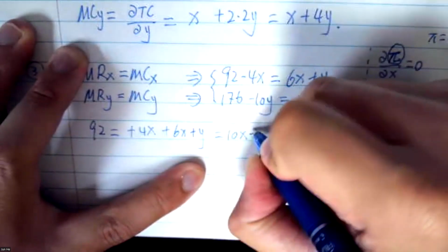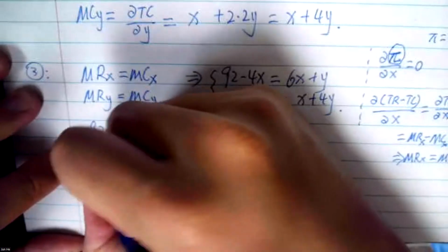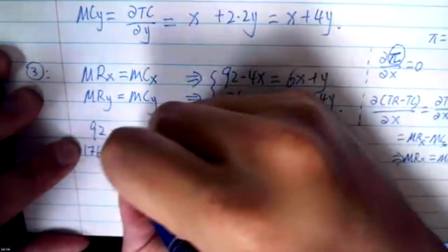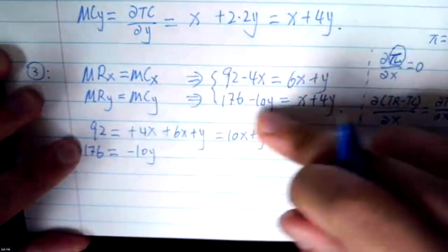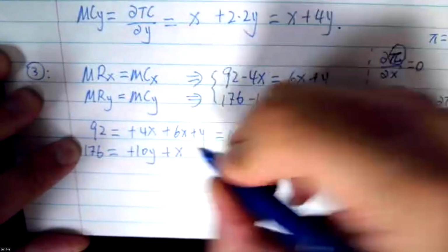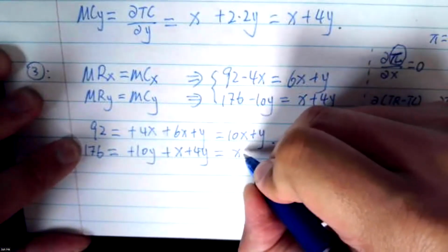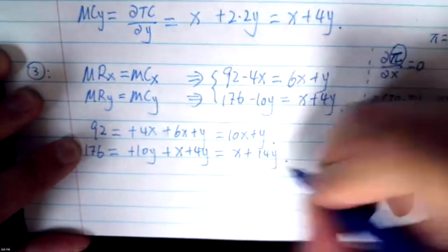So it is 10x plus y. The second equation is 176 equal to minus 10y, moved to the other side and change the sign, plus x plus 4y, which is x plus 14y.